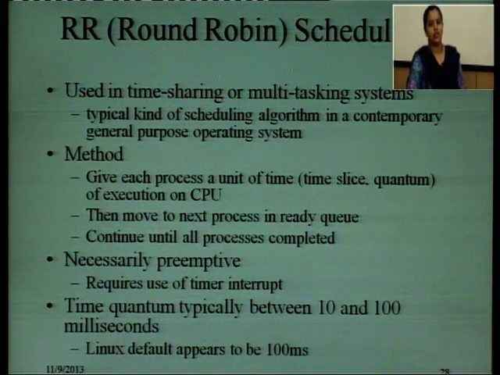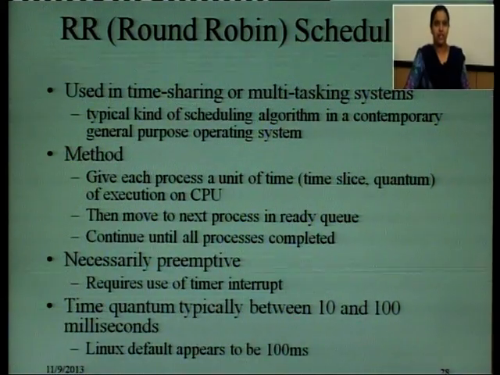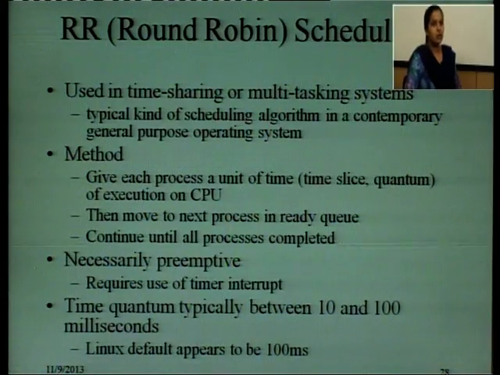The next scheduling algorithm is round robin scheduling. This technique is used in time sharing or multitasking systems. It is typically the kind of scheduling algorithm in contemporary general purpose operating systems. The method is to give each process a unit of time.